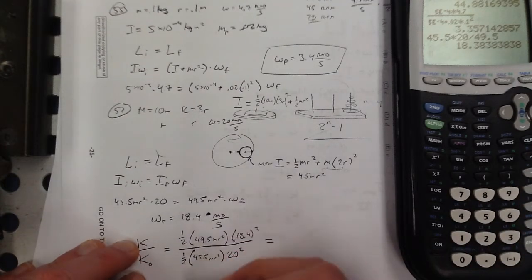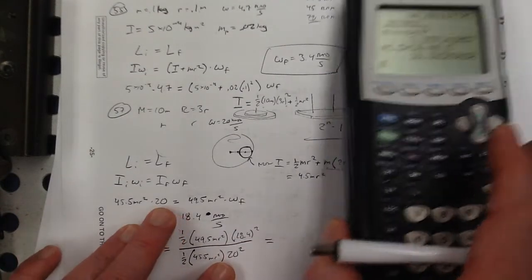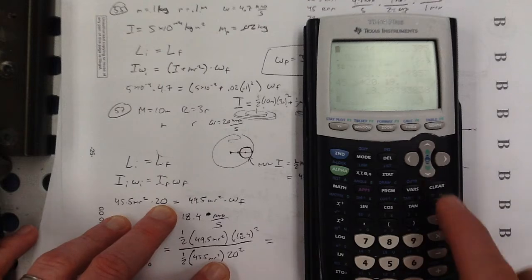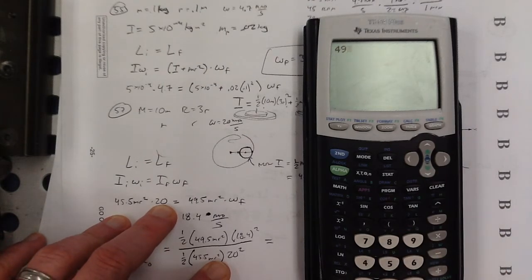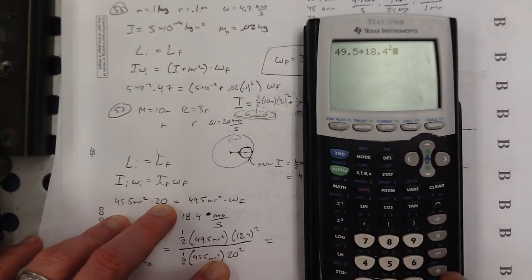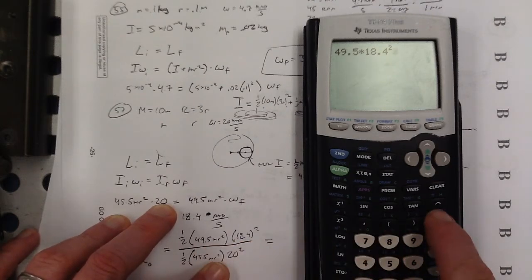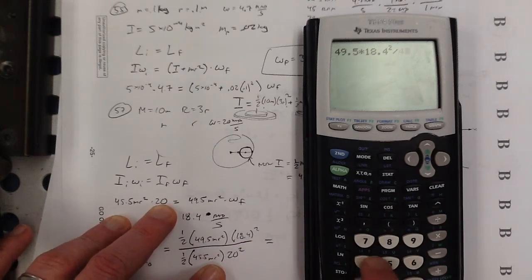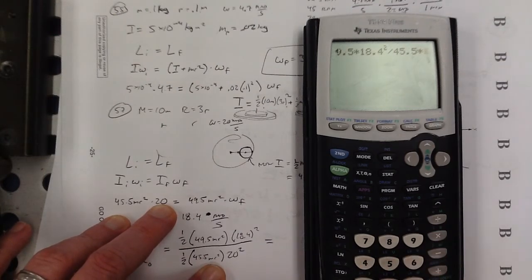So let's see, the 1/2s cancel, the mr squareds cancel, so it's really a matter of 49.5 times 18.4 squared, divided by 45.5 times 20 squared.